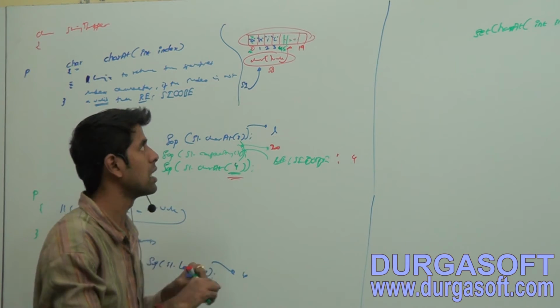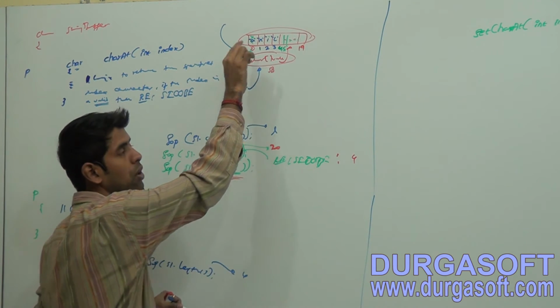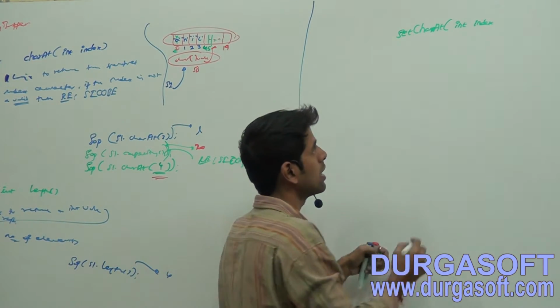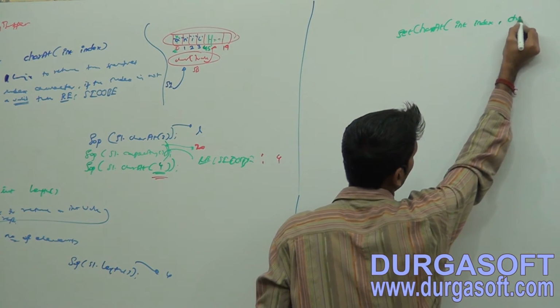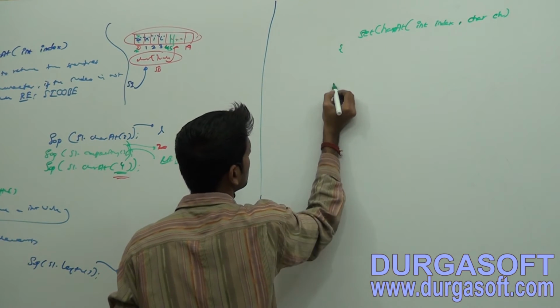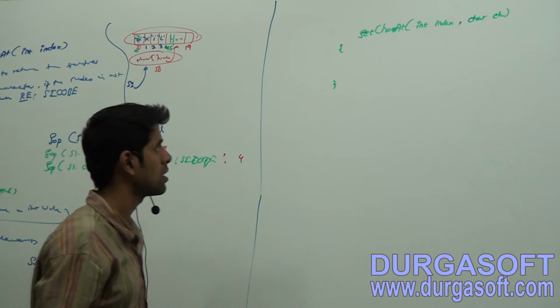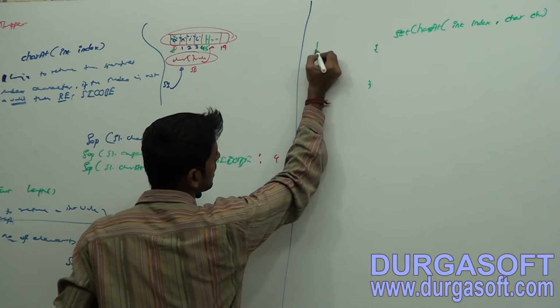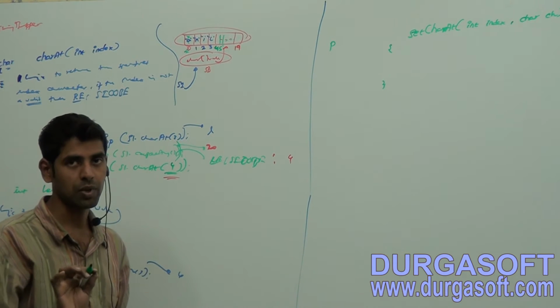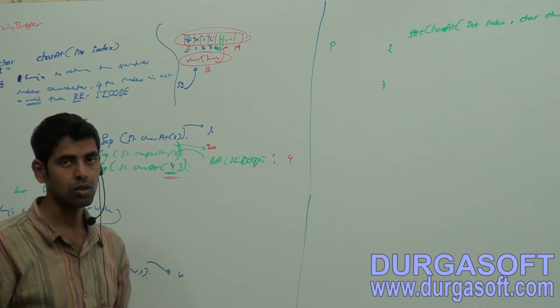And pass the wanted character. Of course, this method's return type, I think it's void. Let it be. Return types don't matter to us.